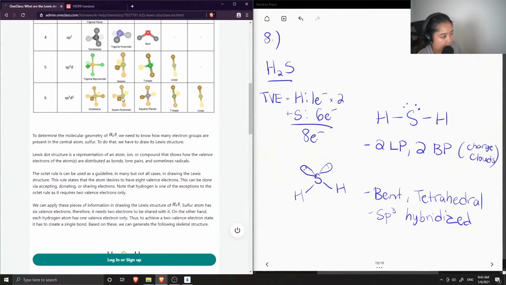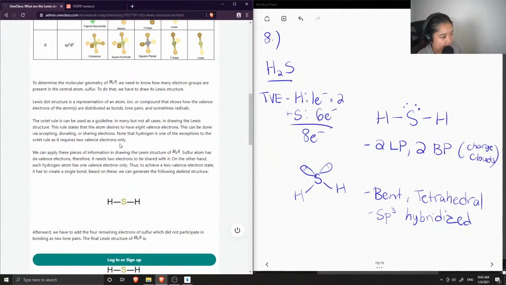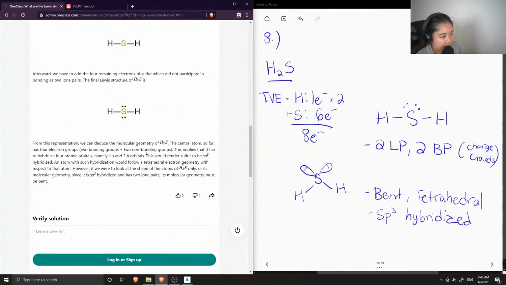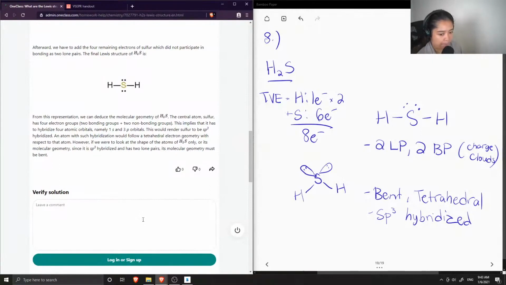Okay, so they have their table, and they also draw out the Lewis structure, and then they see that it is sp3 hybridized, and its molecular geometry must be bent. Okay, so this solution is correct. It is bent. And then I'll add the electron geometry as well.